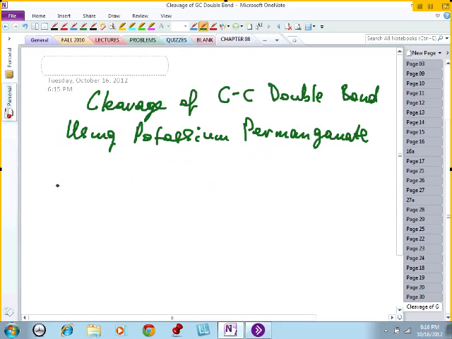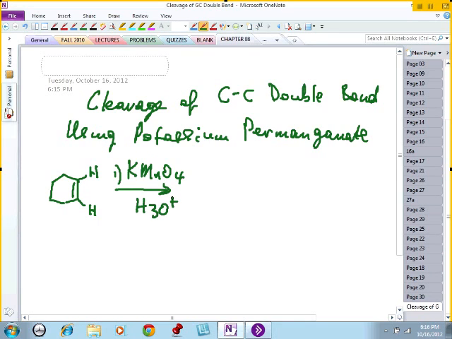Now, if you take this molecule here, this carbon-carbon double bond, and we have potassium permanganate, MnO4, in step 1, and then we follow that up with, actually, this should be together with hydronium ion or some kind of dilute acid.